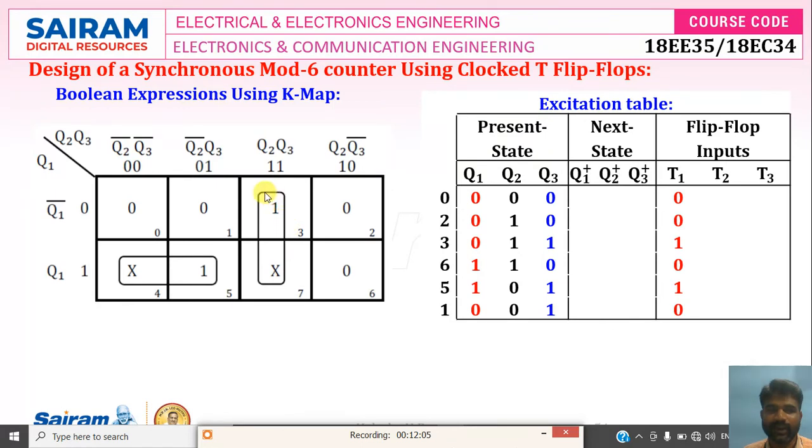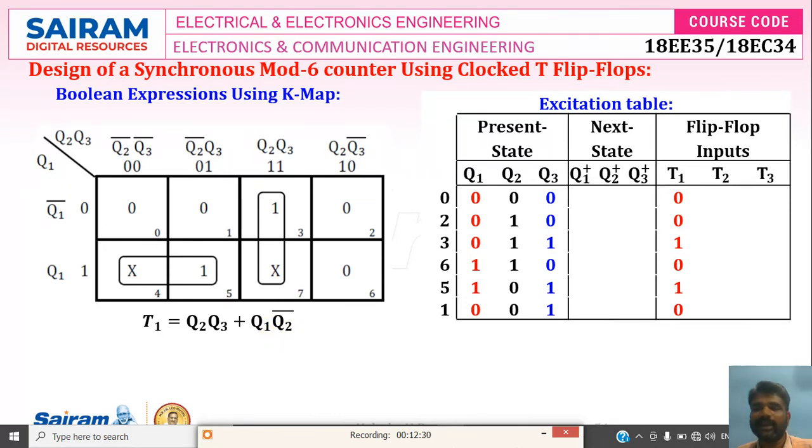Okay. So here 2 pairs are possible. This is one pair and this is another pair. For this pair, the expression is Q2, Q3, and for this Q1, and common from this is Q2 bar. So the expression for T1 is Q2 Q3 plus Q1 Q2 bar.